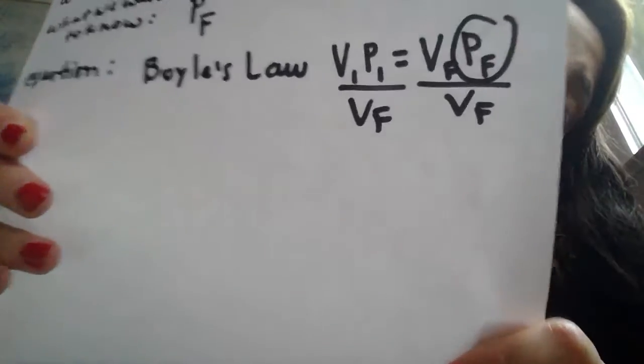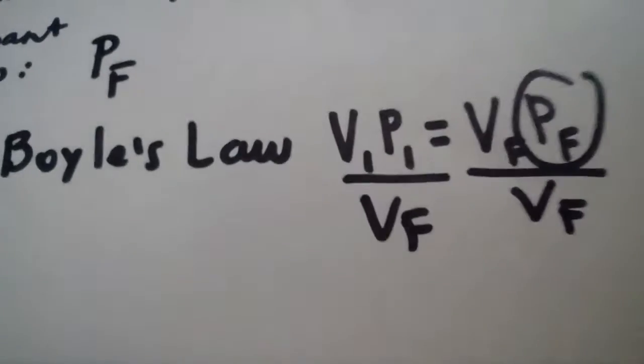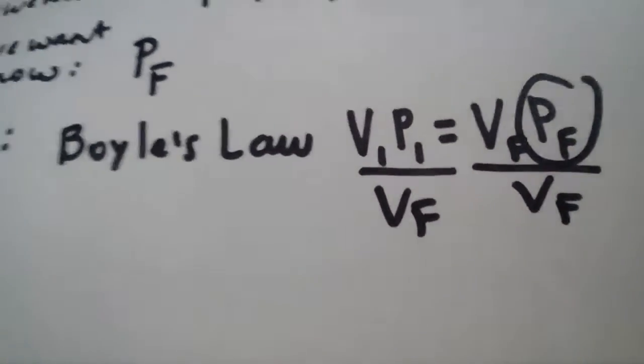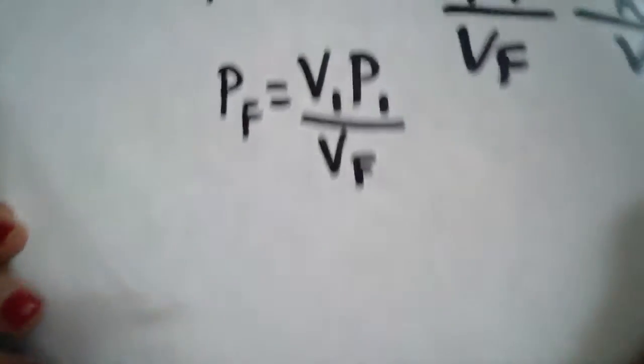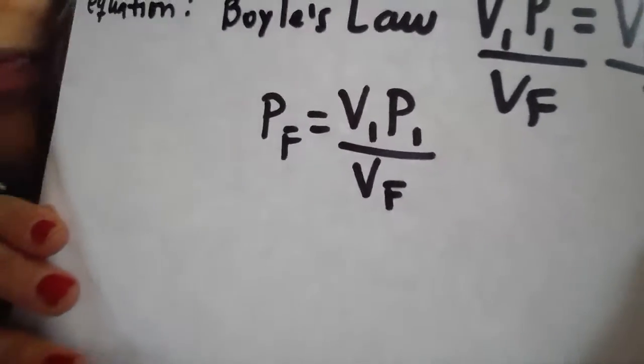So we divide, and that gives us P final equals V initial, P initial over V final. So that is our equation to solve for this final pressure.